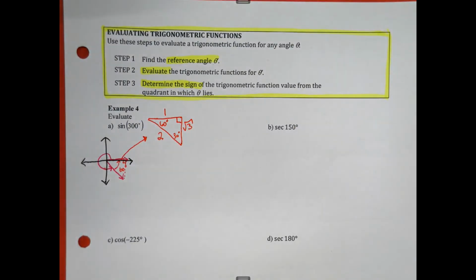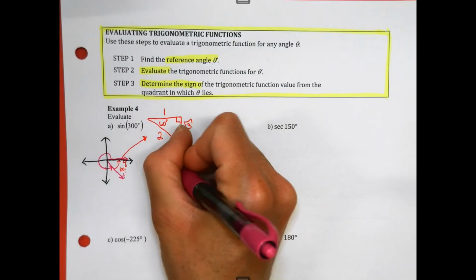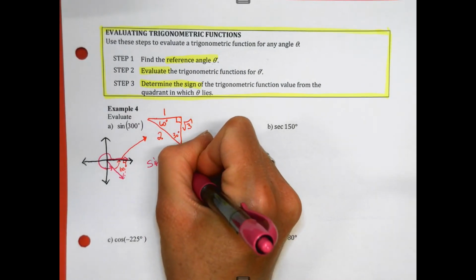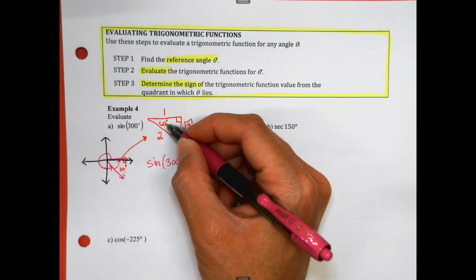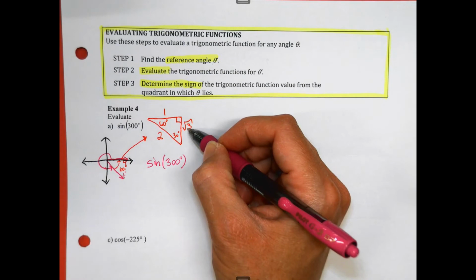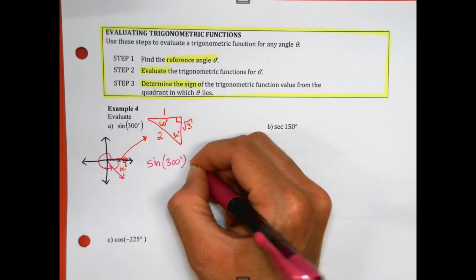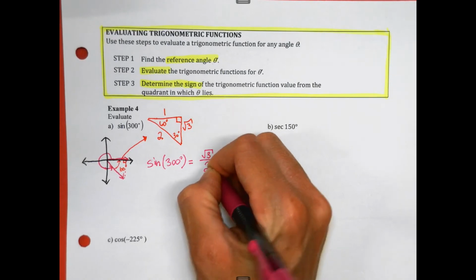This then allows us to find the sine. The sine of 300 degrees is going to be equivalent to the sine of this 60-degree reference angle. So sine is opposite over hypotenuse. It's going to be the square root of 3 divided by 2.